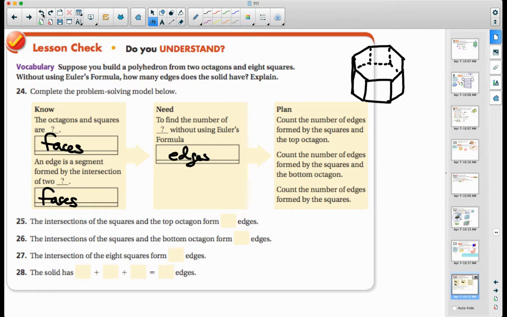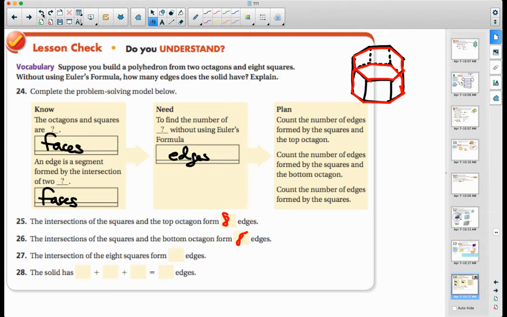The intersection of the squares and the top edges is going to form 8 edges: 1, 2, 3, 4, 5, 6, 7, 8. So it's going to be 8 edges on top. On the bottom, it's also going to have 8: 1, 2, and then, though it didn't show up in my drawing, 3, 4, 5, 6, 7, 8.